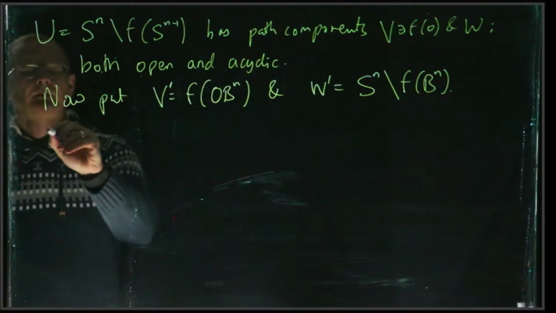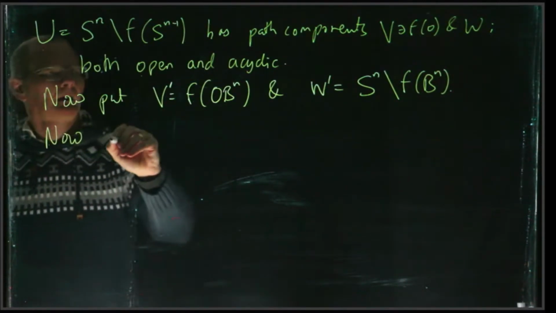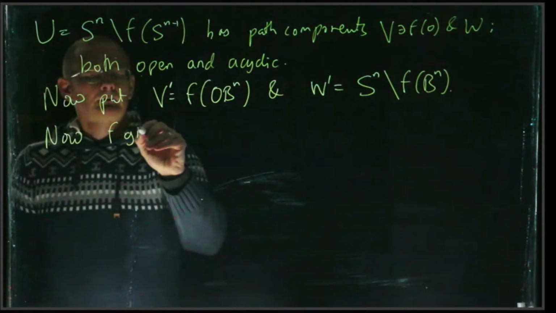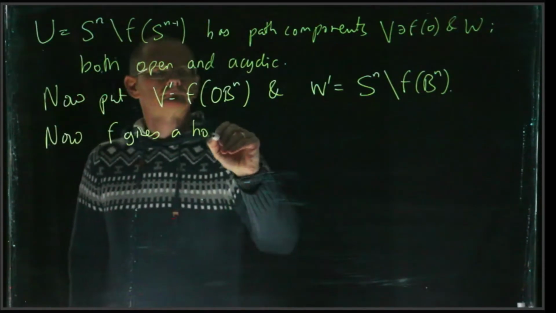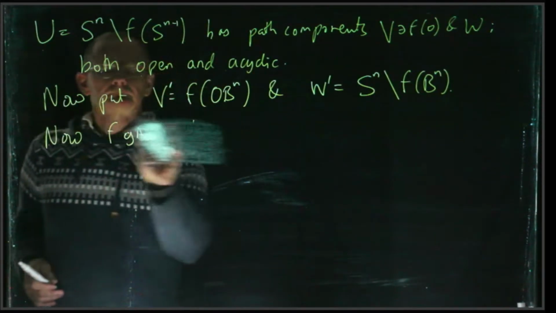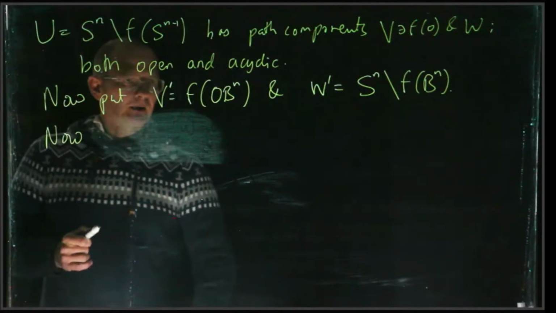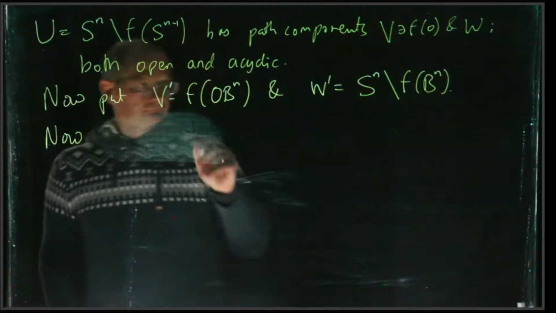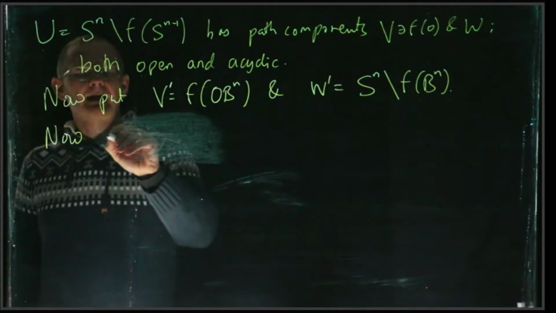So what do we know here? We know f of Bn is compact.